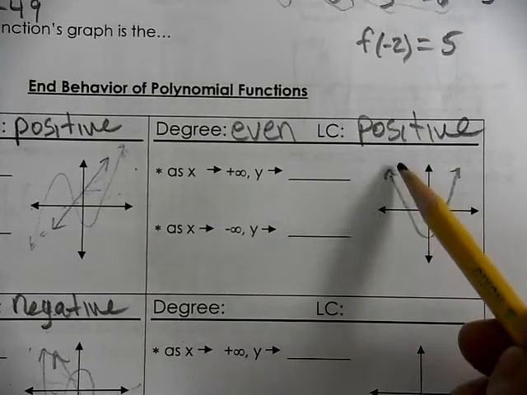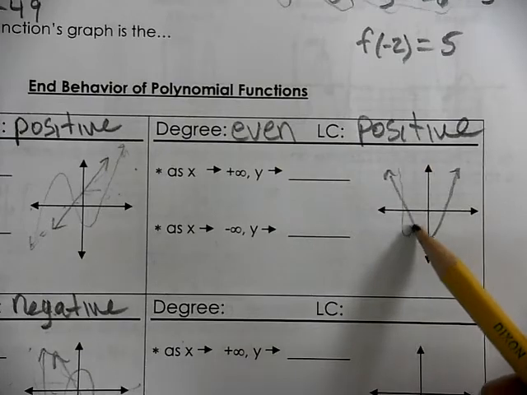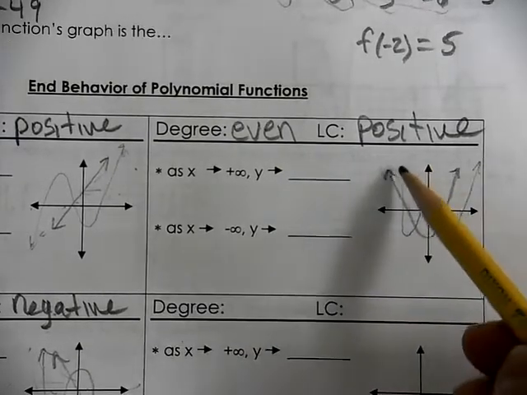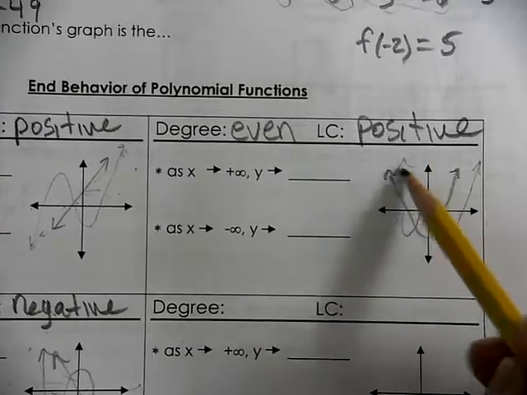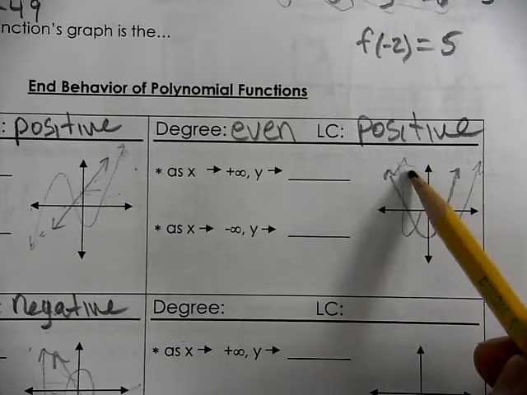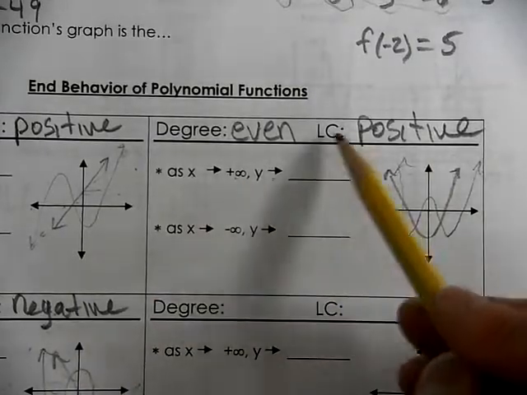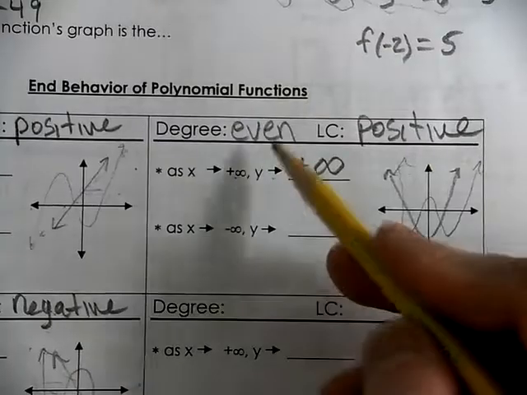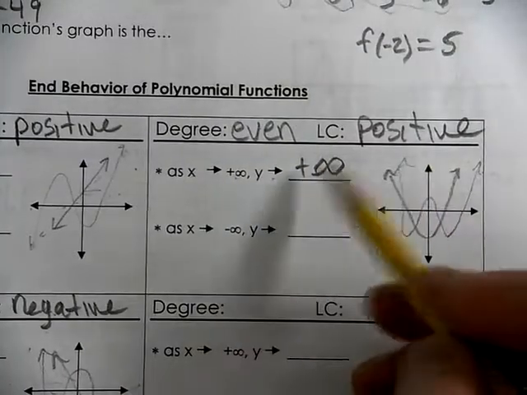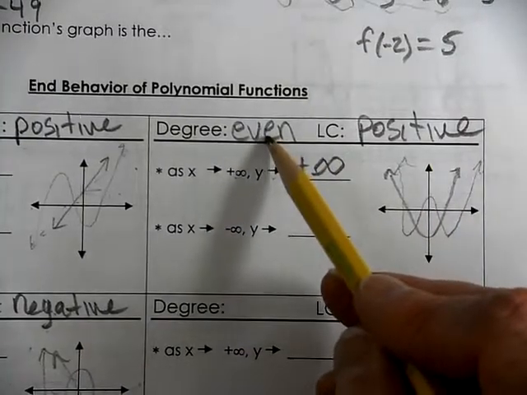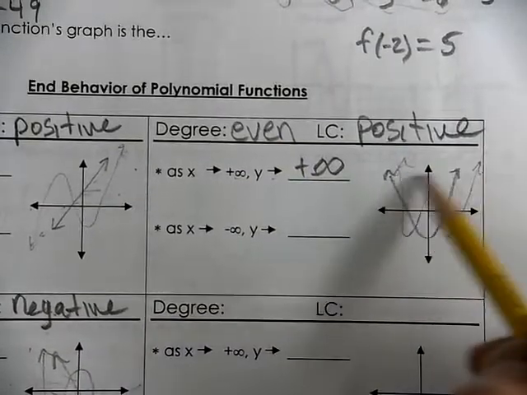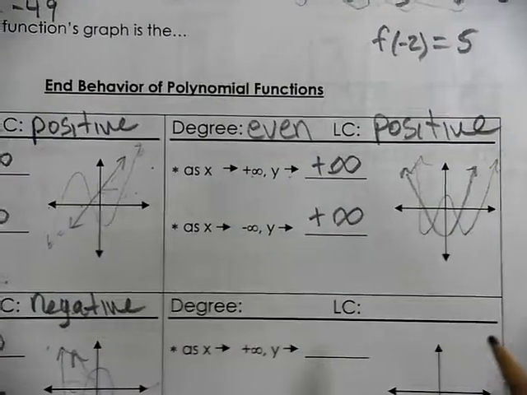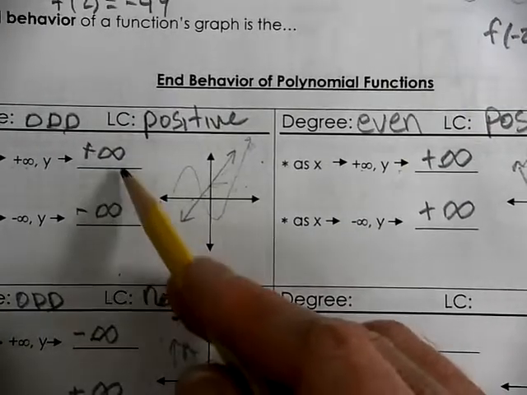Second degree, even fourth degree would cross and have 4 touching points on the x-axis. It could. But they're both going to be pointing upwards. So as x moves to the right and you have a positive, you are going to get a positive infinity. The difference, what we see here, is that with an even, they're going to always point in the same direction. But in the odd, they pointed in opposite directions.